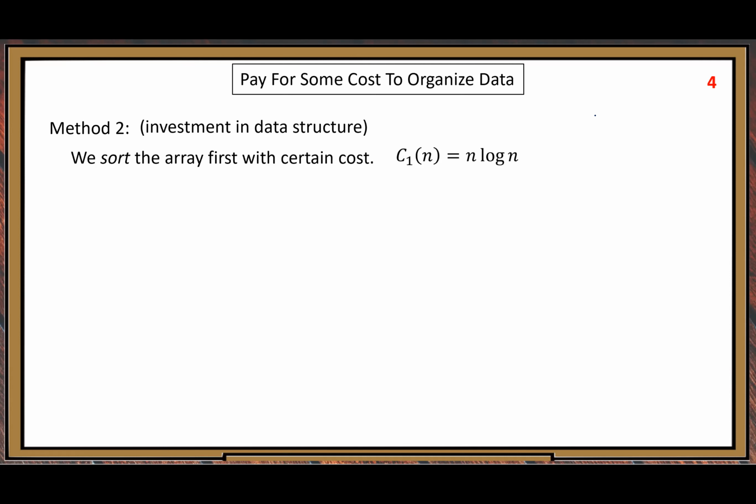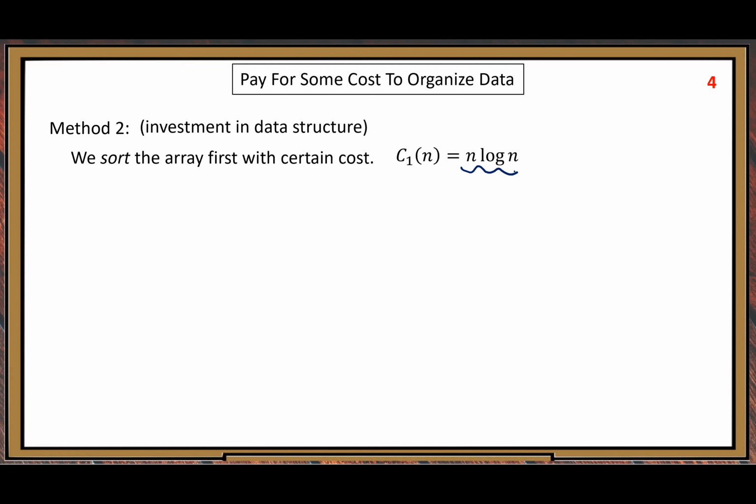But here we do not use our selection sort, because that is very slow. Here we try to use a good sorting algorithm, and the general performance for a good sorting algorithm is n log n comparisons. Close to this number, may not be exact, but very close.